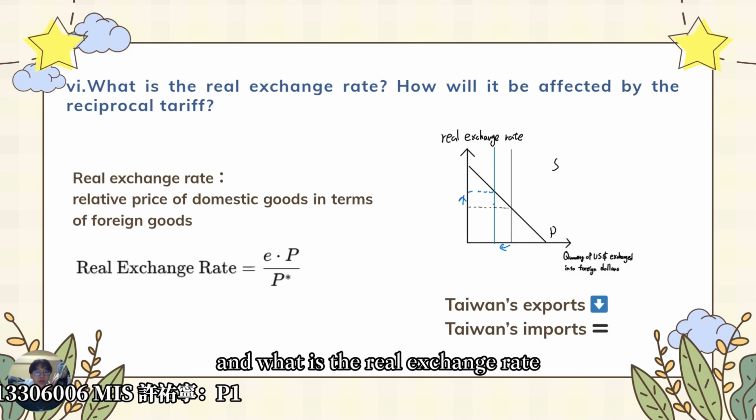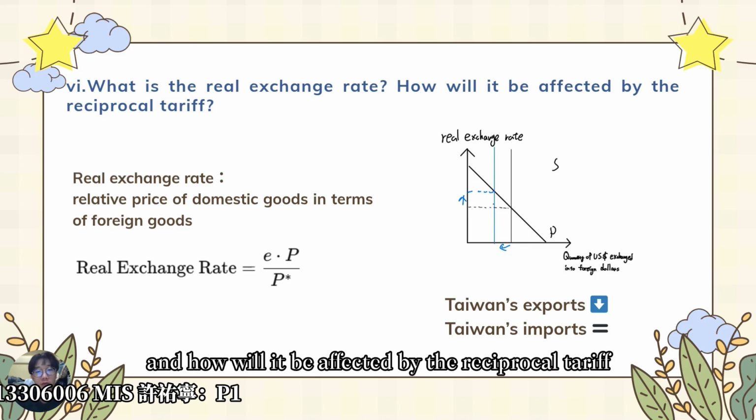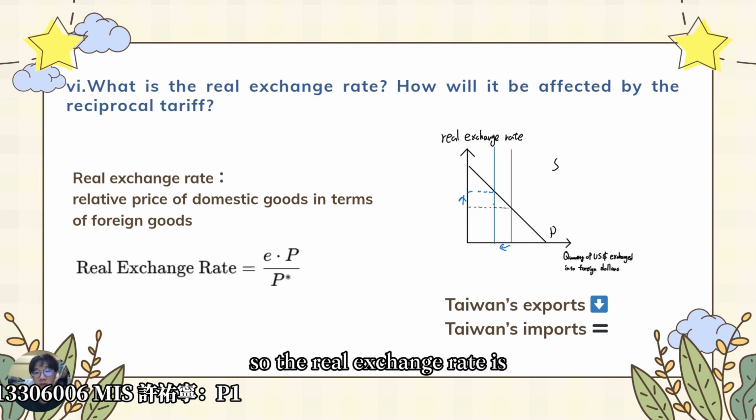And what is the real exchange rate, and how will it be affected by the reciprocal tariff? The real exchange rate is the relative price of domestic goods in terms of foreign goods and is calculated as the equation below. So how will it be affected?